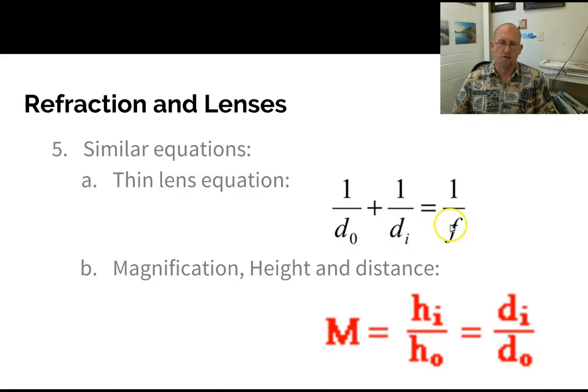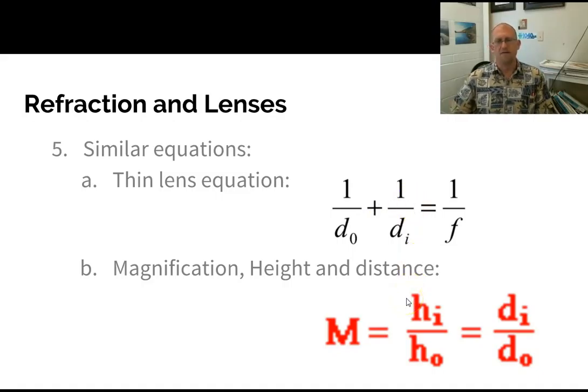So 1 over the focal distance is the same as 1 over the distance to the object plus 1 over the distance to the image. You'll usually know the focal distance for a lens, and you'll know one of the other two, and so you can calculate the third. That's usually how you're going to use this equation.